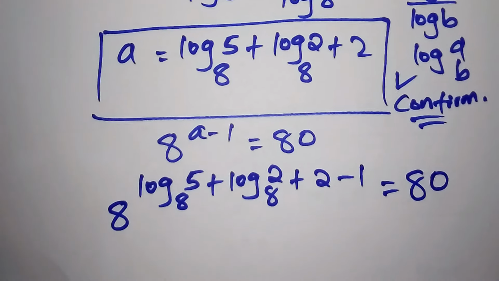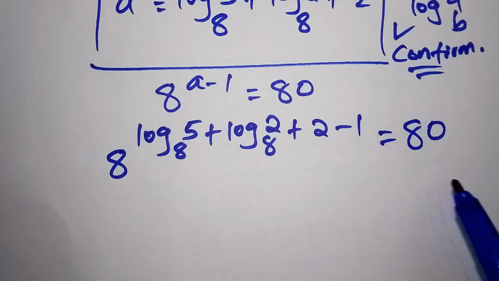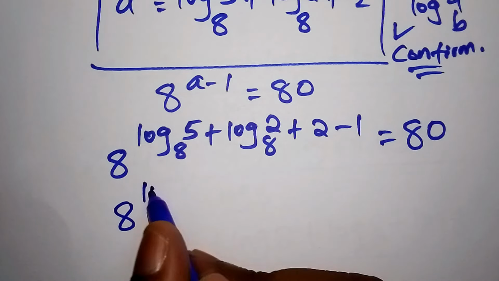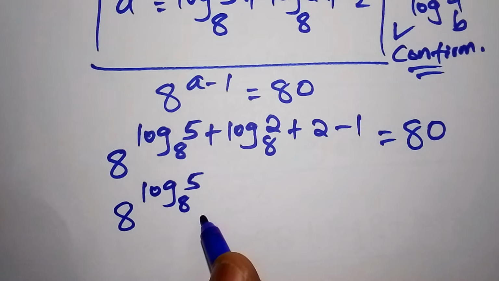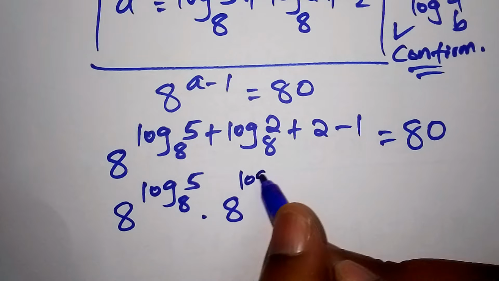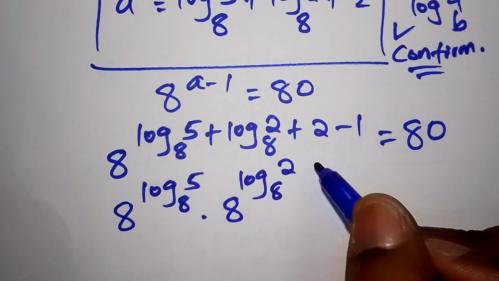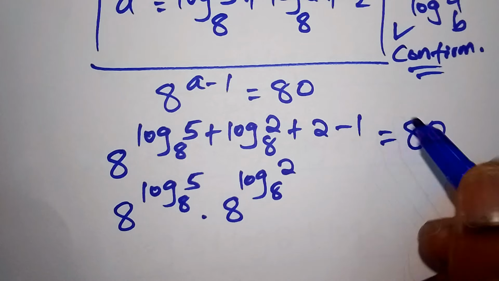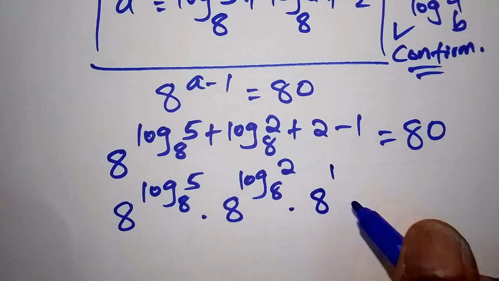We can write it afresh as 8 to the log of 5 to the base of 8, then the plus means you multiply again, 8 to the log of 2 to the base of 8, then the plus. So 2 minus 1 is 1, so plus means you multiply again 8 to the power of 1 is equal to 80.